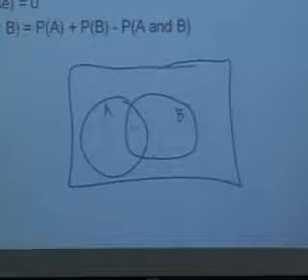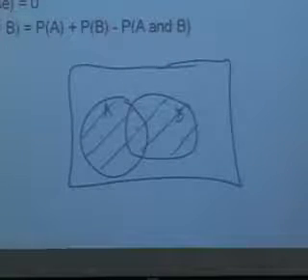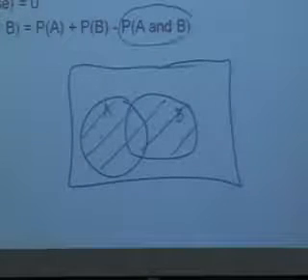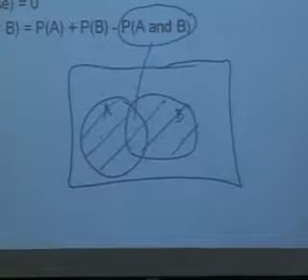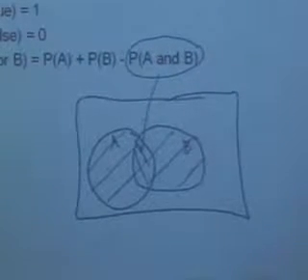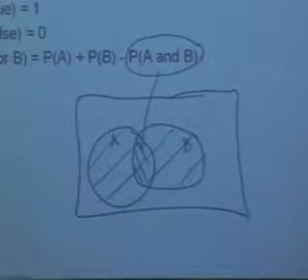And what is the probability of A or B? The probability of A or B is all this stuff. And what's the probability of A and B? That's this part. So this makes perfect sense, right?